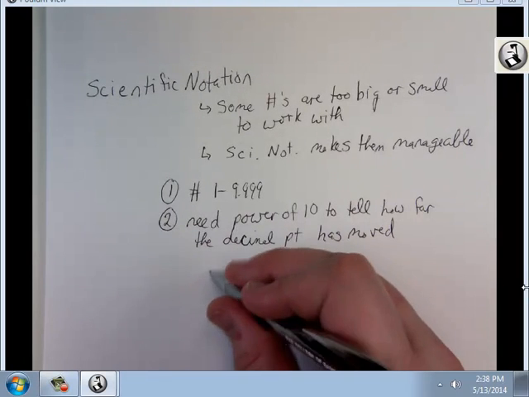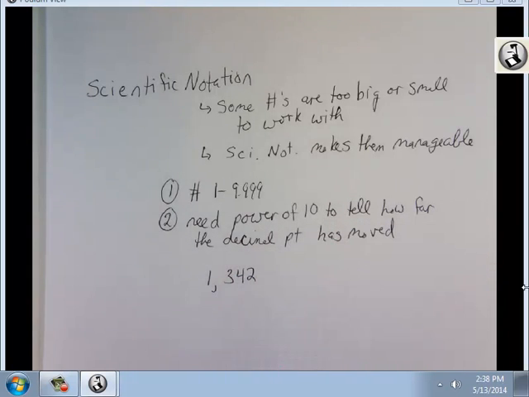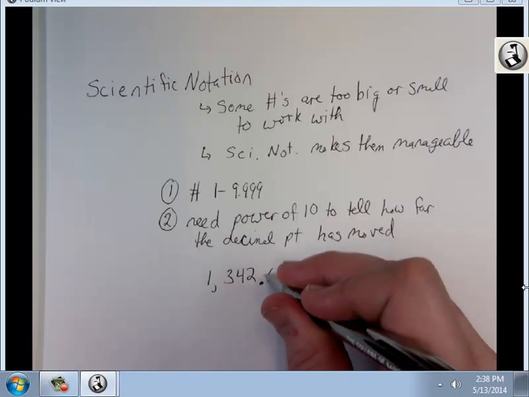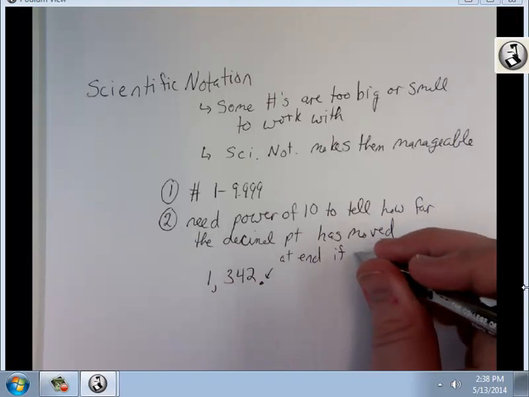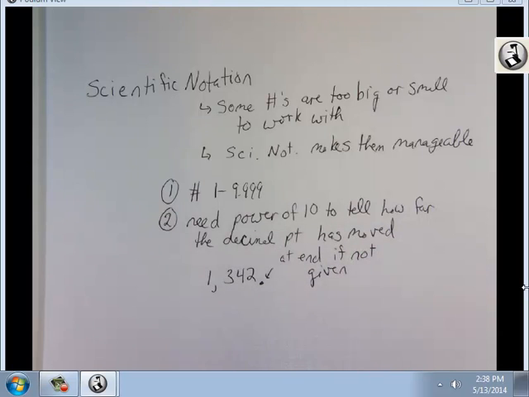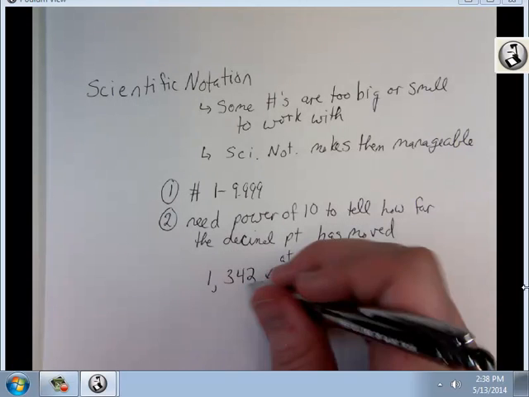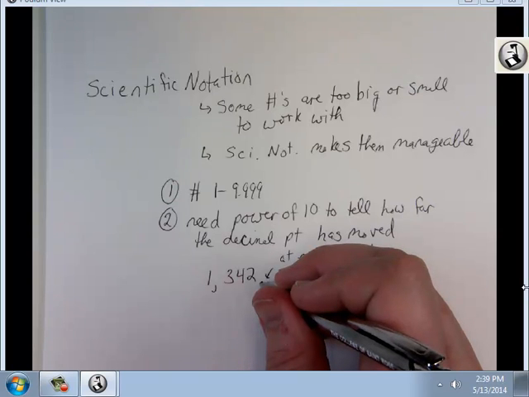Let's say you had 1,342. Well, if there's no decimal point given, always put it at the end. Now I'm going to take this decimal point and keep moving it either to the left or to the right until I have a number between 1 and 9.999.